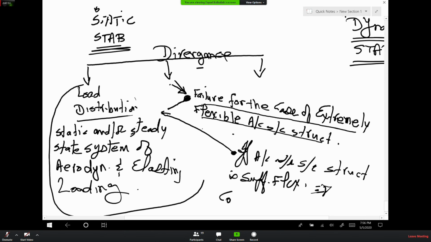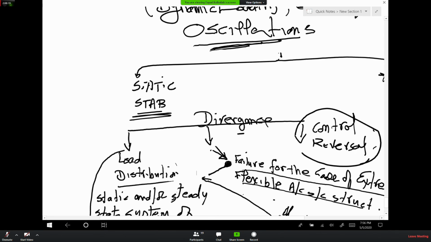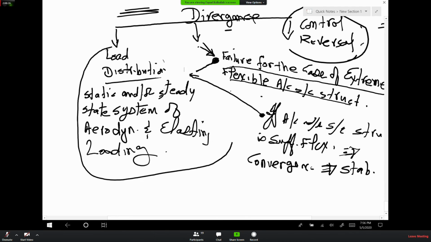And we reach stability, and that's in here, control reversal, which will be stability. So again, in the case of static stable, we have a set of loads, the load distribution, a static and/or steady state system of aerodynamics and elastic loading.